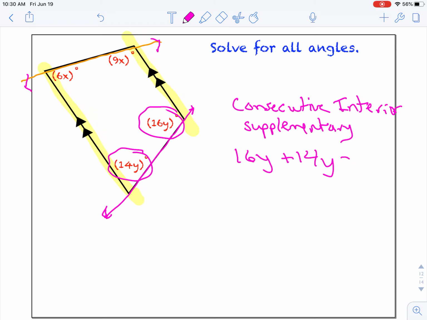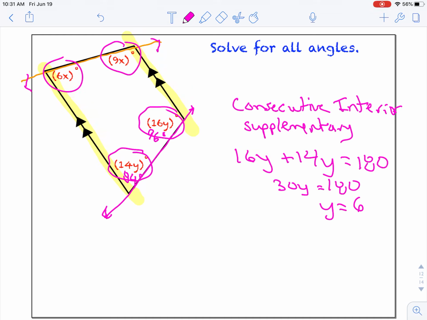So then you would add them together, 16y plus 14y equals 180. And when we solve, we get 30y equals 180, so y equals 6. So now we can take 14 times 6 and get 84 for this. And we can take 16 times 6 and get 96. Or we could just subtract from 180 since they're supplementary.